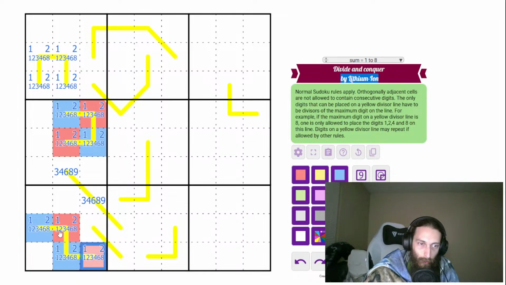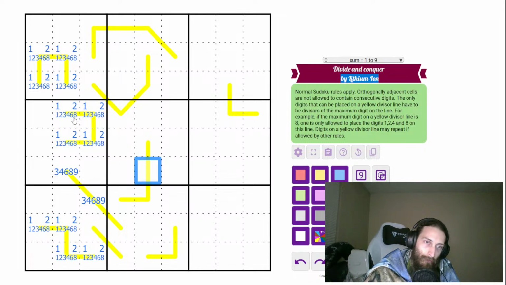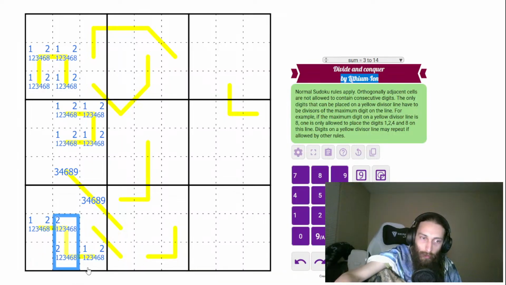Or it could be the two ends. But we know one of these two is a 1, 2, and we know that one of these two is a 1, 2. So you can't have 1 or 2 here.